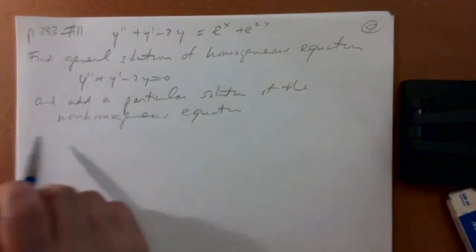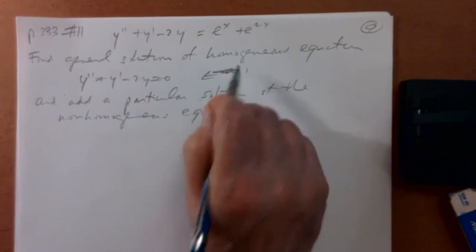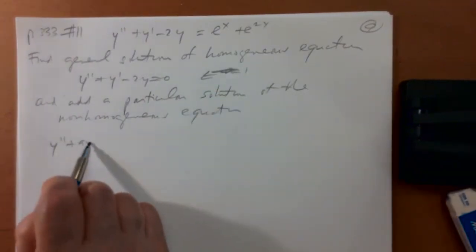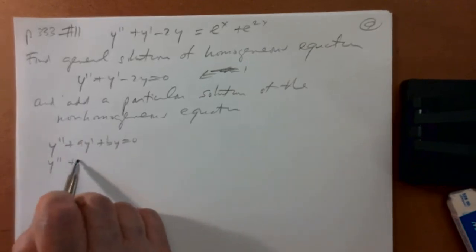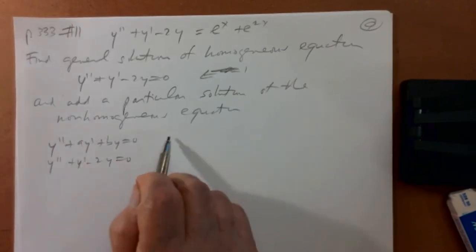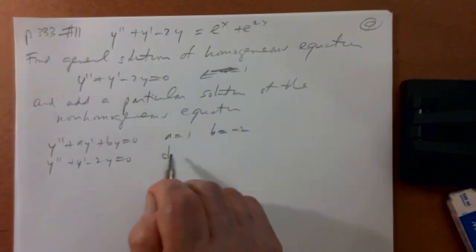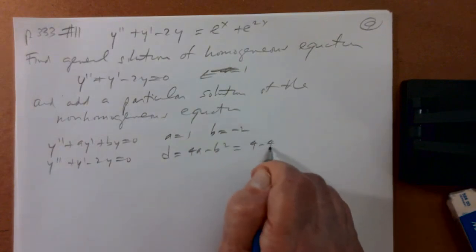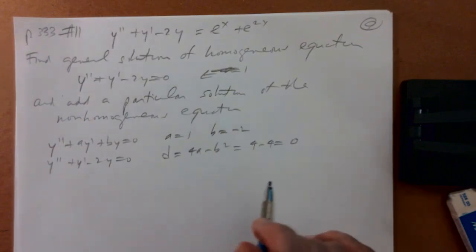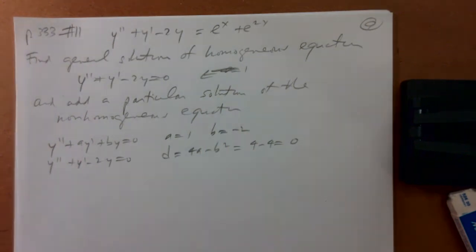So for the homogeneous equation, remember, the general form is y double prime plus a y prime plus b y equals 0. So when we have y double prime plus y prime minus 2y equals 0, a is equal to 1, b is equal to -2. D is 4a minus b squared. That's 4 minus 4 is 0. Right? When D is 0, what does the solution look like?